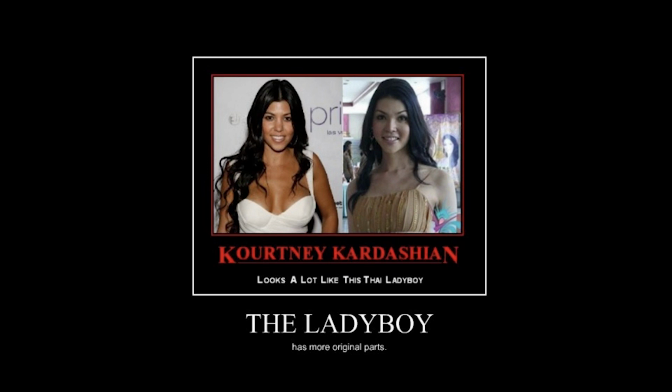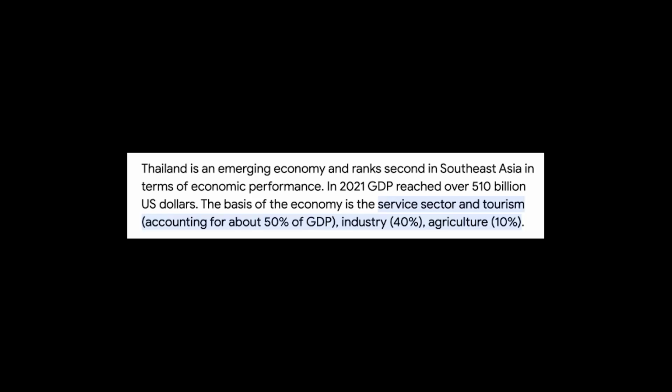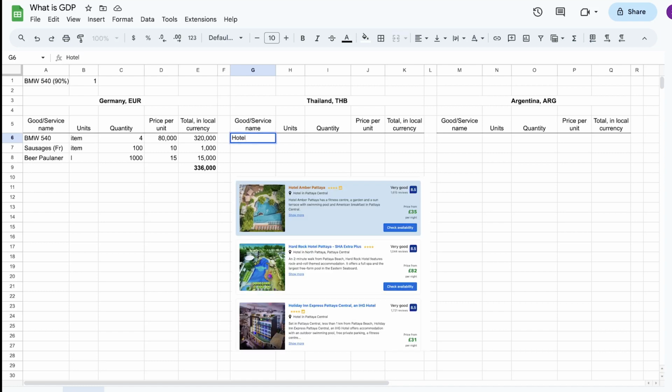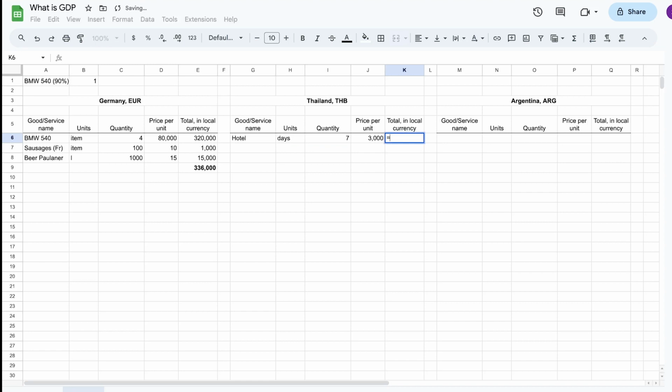Thailand is widely known for a lot of exotic things. The biggest sectors are tourism and agriculture. Let's imagine that after Oktoberfest, one of our German heroes traveled to Thailand and checked into a hotel for 7 days and paid 21,000 Thai baht, which is Thailand's national currency. Let's imagine Thailand also produced 400,000 kilograms of rice.